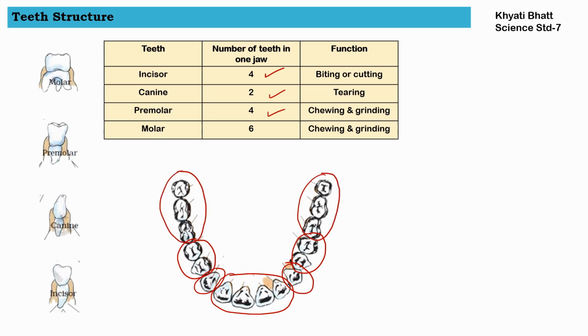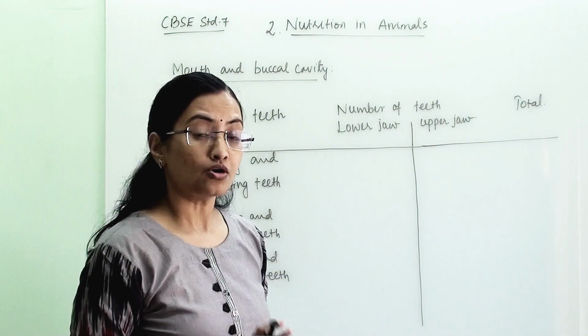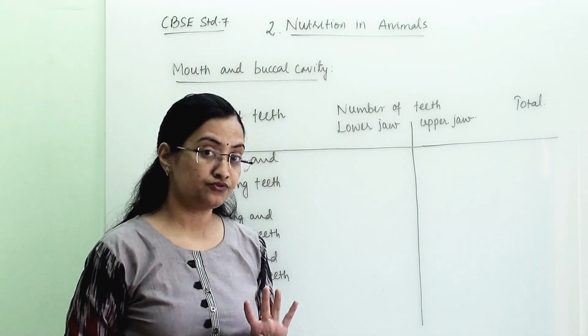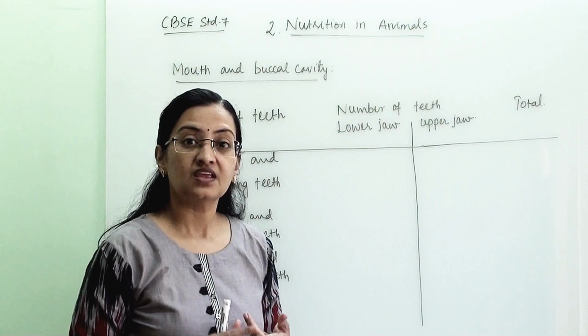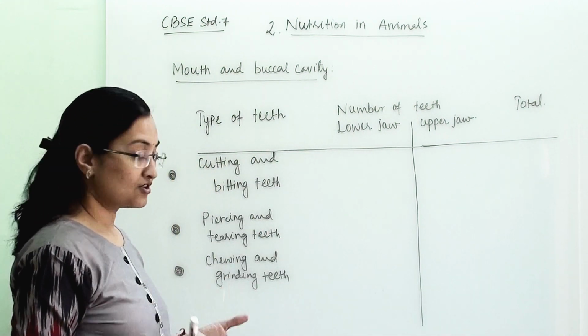Premolar and molar teeth function is chewing and grinding. So from the structure of the teeth, we know that there are 4 types of teeth in our mouth: incisors, canine, premolar and molar. Now we know their functions as well.